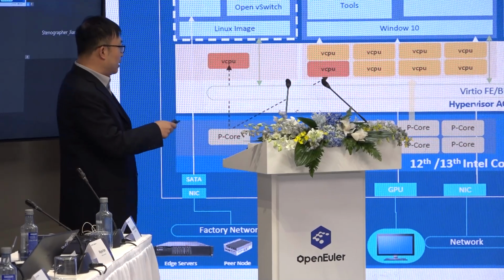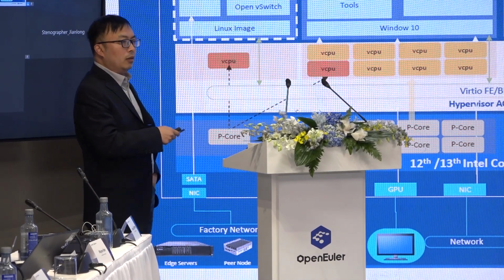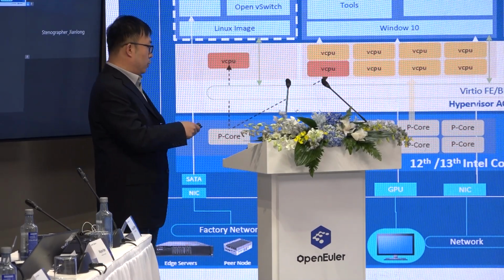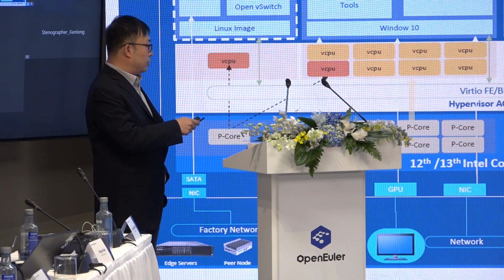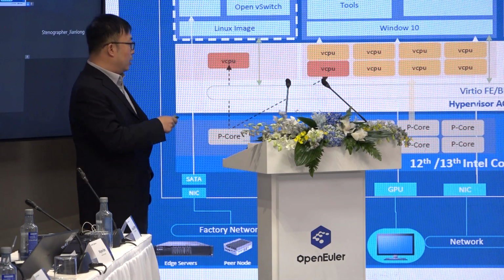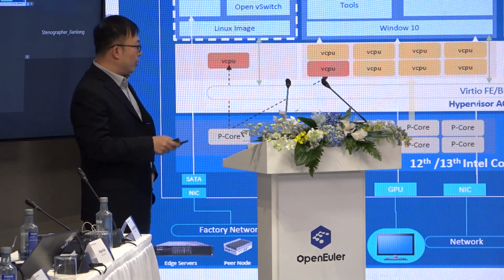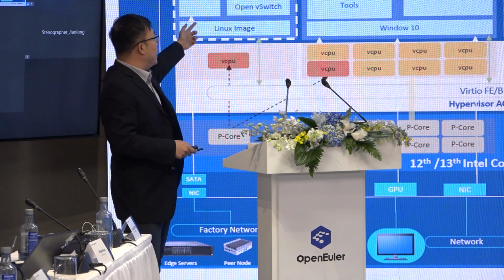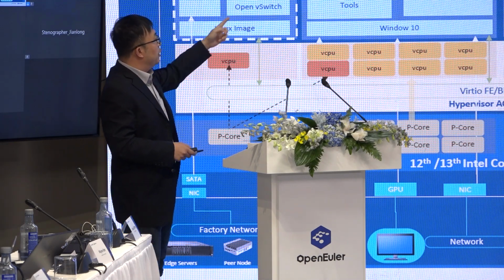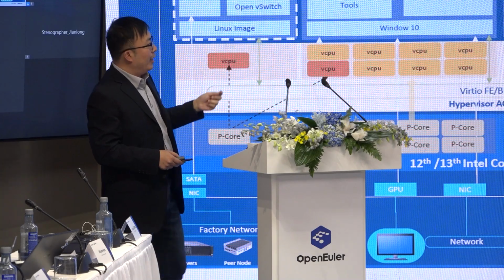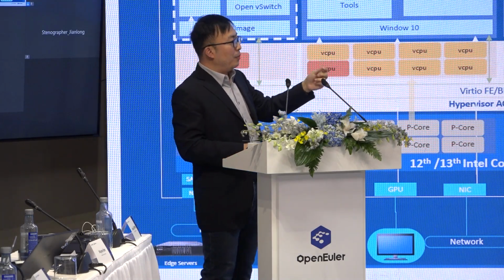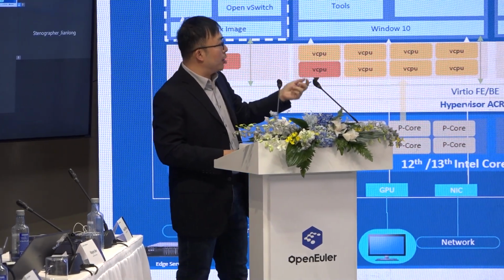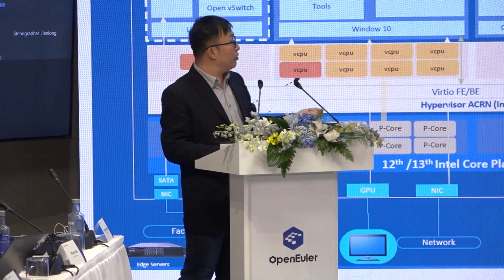It runs on powerful Intel hardware, the 12th and 13th gen Intel Core platforms. It has a lot of cores, and above those cores you can find a Windows image for HMI, RTVM, openEuler Embedded doing some work, and an RTOS VM based on Zephyr. It is very complex.